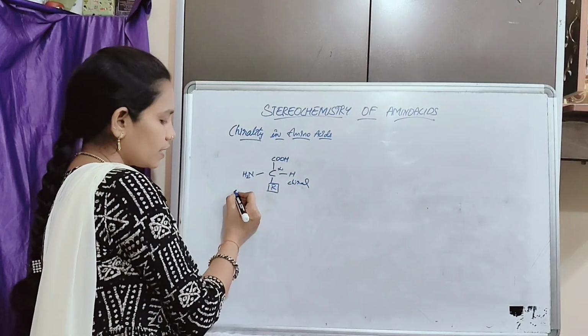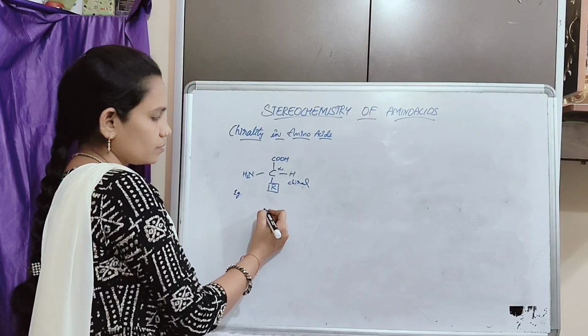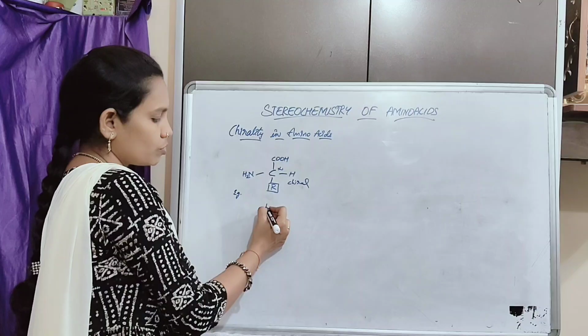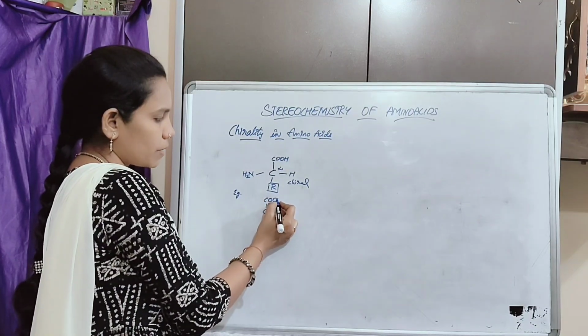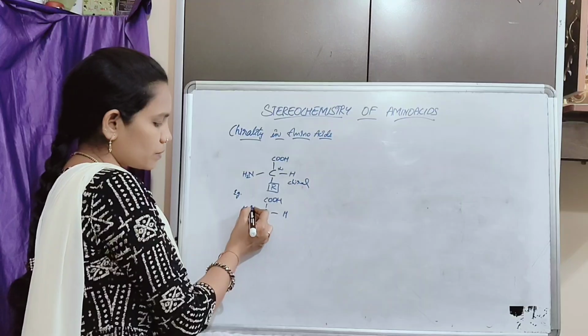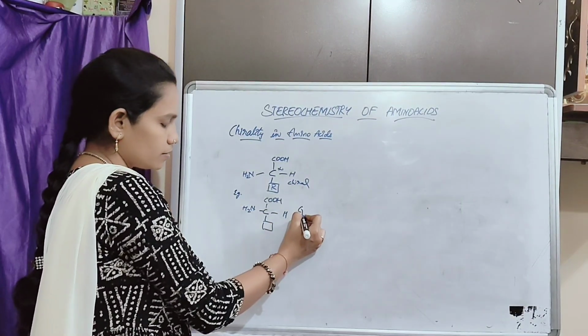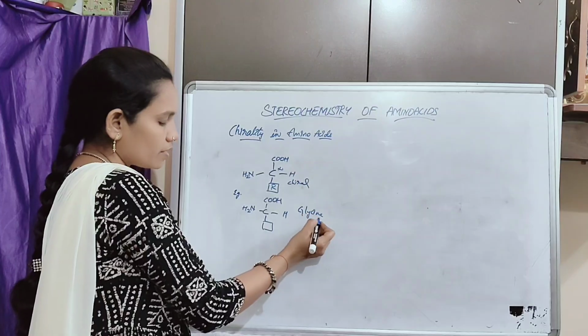Now let's take an example of glycine, right? If you take the example of glycine amino acid, so this is the general structure of amino acid, only the R group differs. Now in glycine, what is the R side chain?